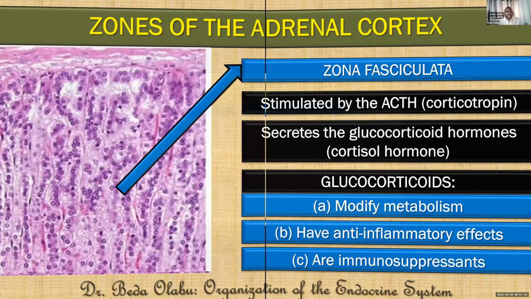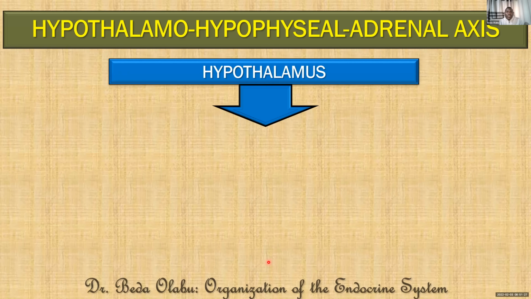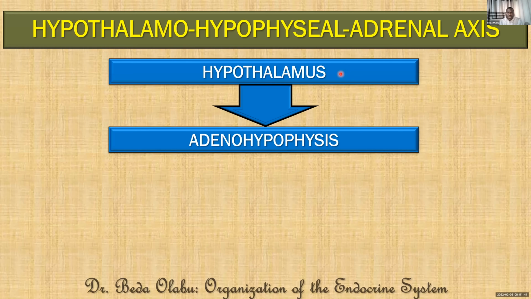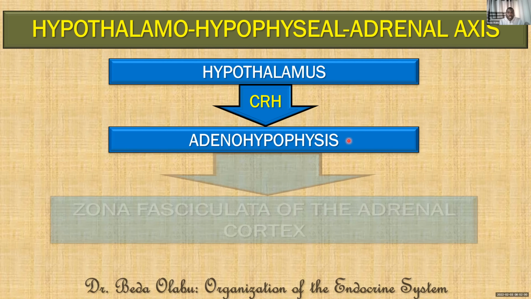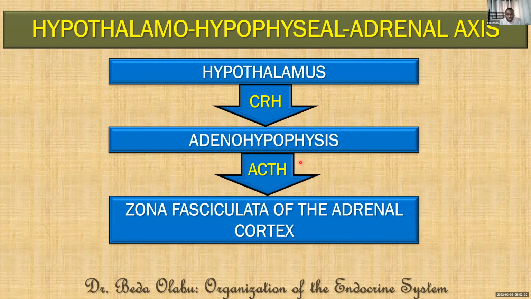While we are there, let's talk about the hypothalamo-hypophyseal adrenal axis. We have the hypothalamus, which produces corticotropin releasing hormone. Corticotropin releasing hormone acts on the anterior pituitary gland, which we call the adenohypophysis, to promote secretion of corticotropin.